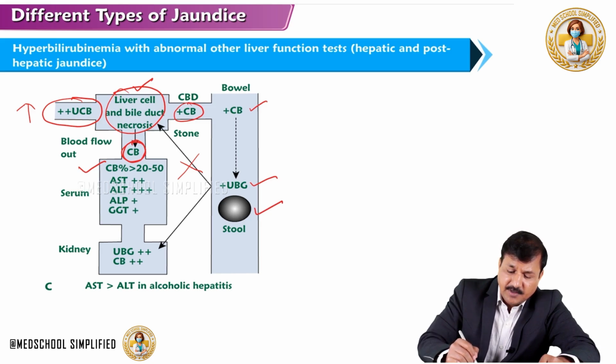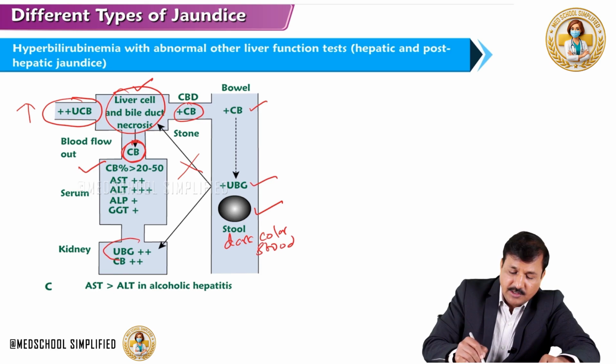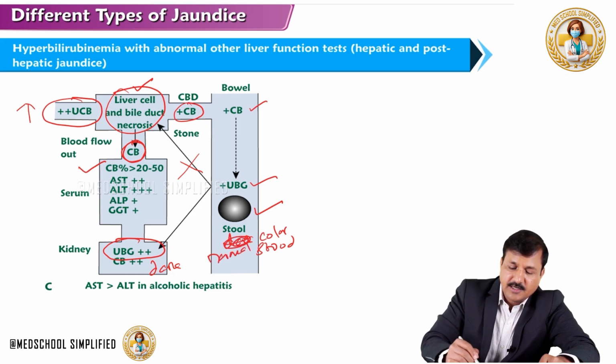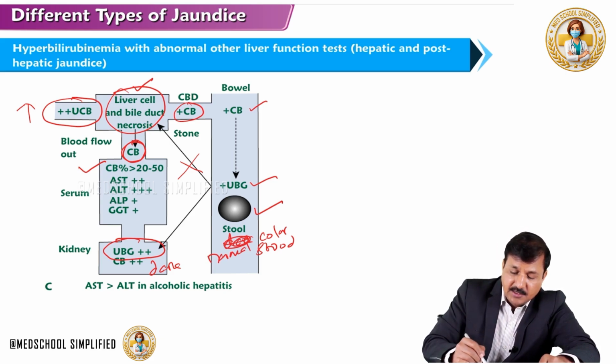So you may still see dark colored stool because of more UBG in the stool, and also more UBG in the urine, so dark colored urine. Or it may be normal stool, because most of the UBG is not taken up by the liver but goes towards the kidney. So UBG gives dark urine, with normal stool and dark urine.